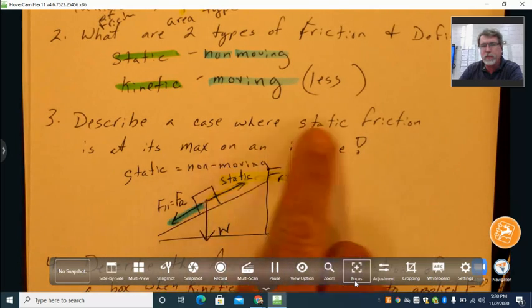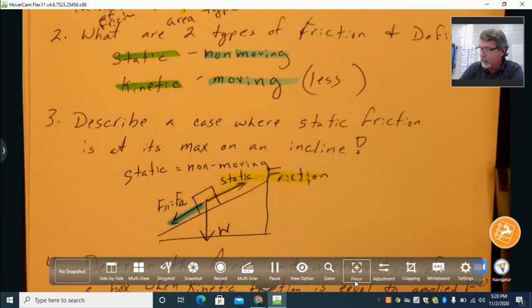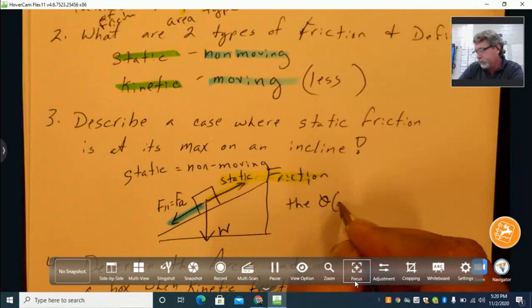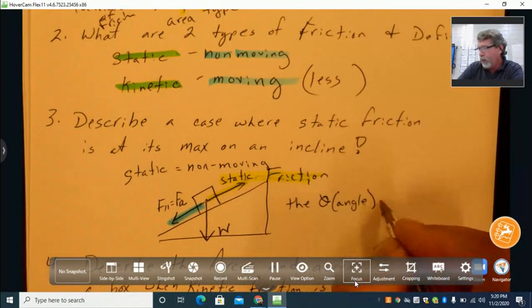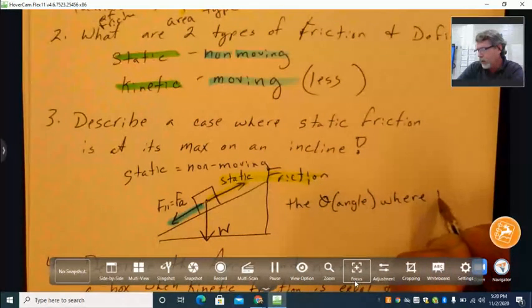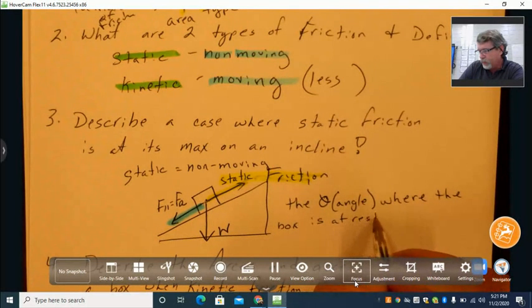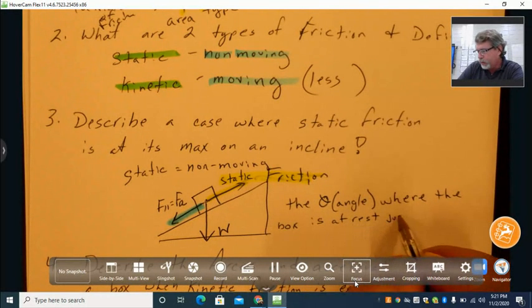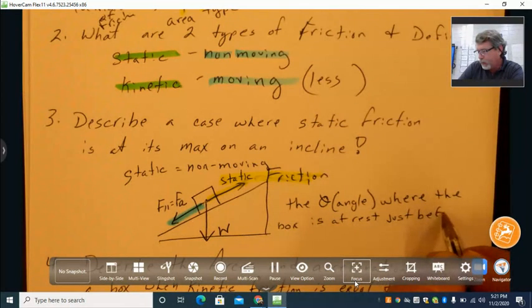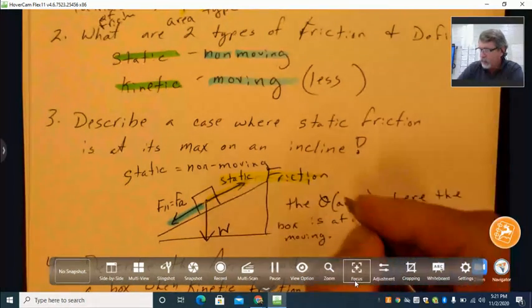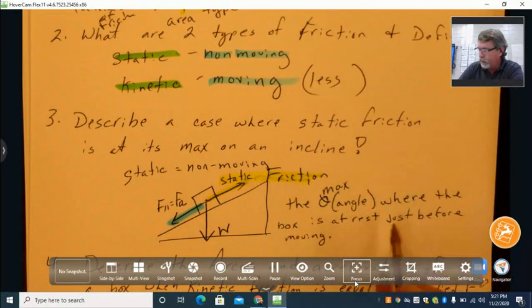So to describe a case where static friction is at its max, it is the maximum angle where the box is at rest just before moving.